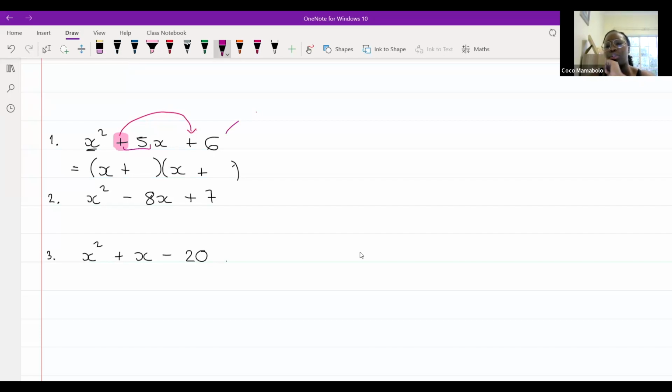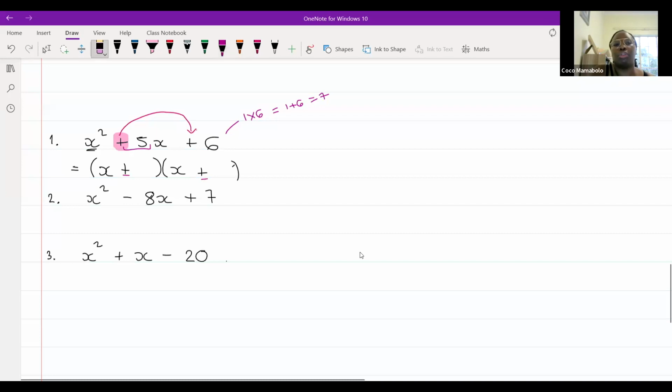Can anybody think of those 2 factors for me? What times what? I know that 1 times 6 will give me 6. However, 1 plus 6 is going to give me 7. Remember, both of my signs are plus.